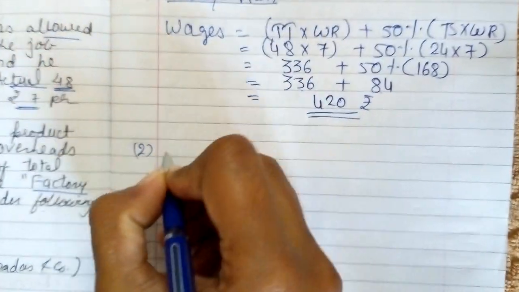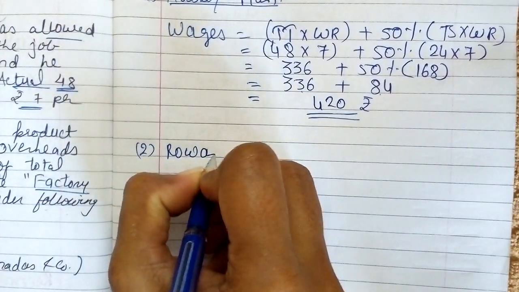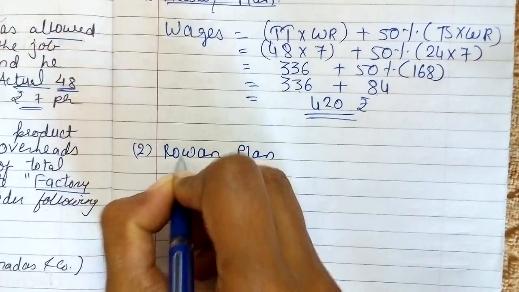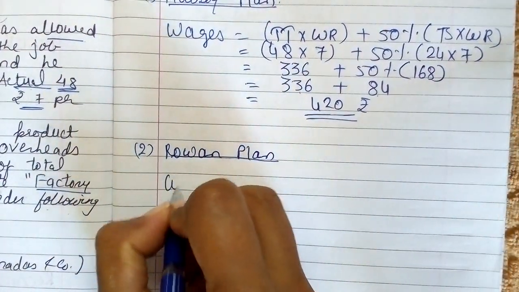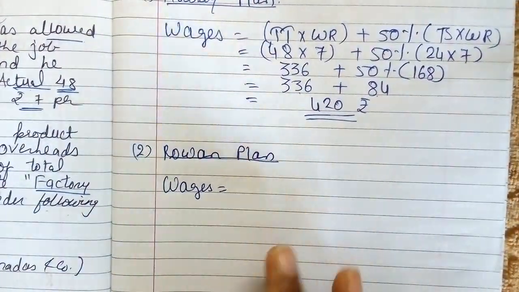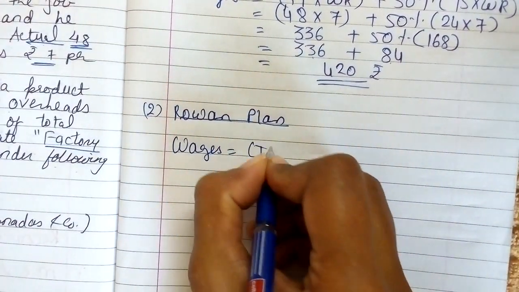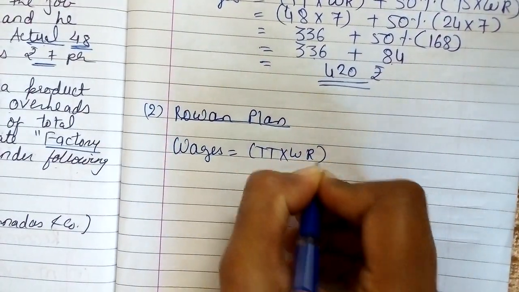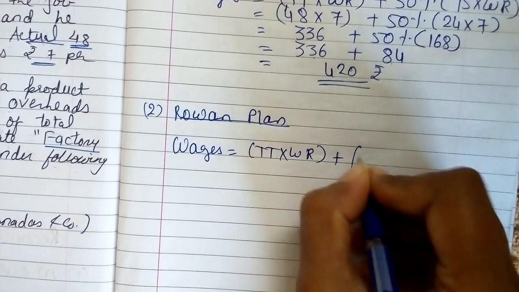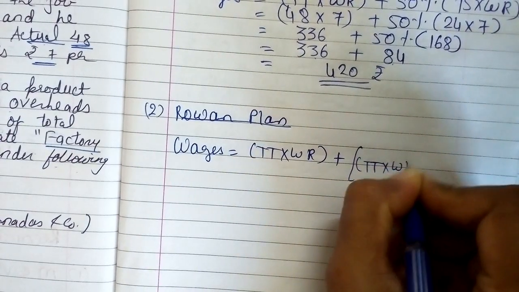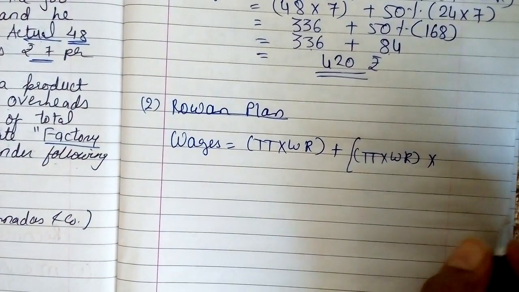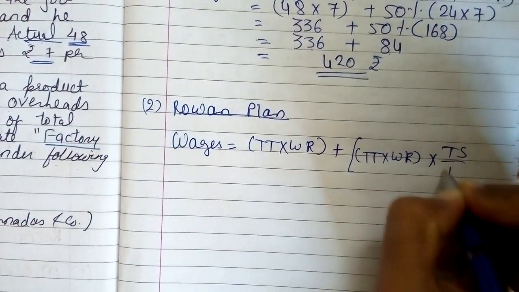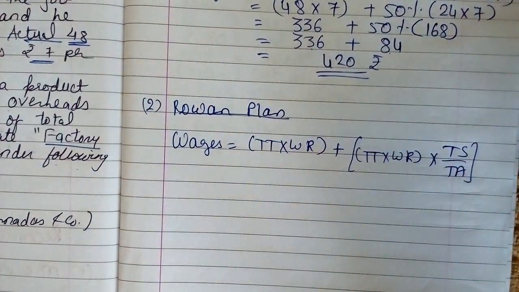Now second, wages as per Rowan plan. Let us write down the formula first. Wages as per Rowan plan will be time taken into wage rate plus time taken into wage rate into time saved upon time allowed.